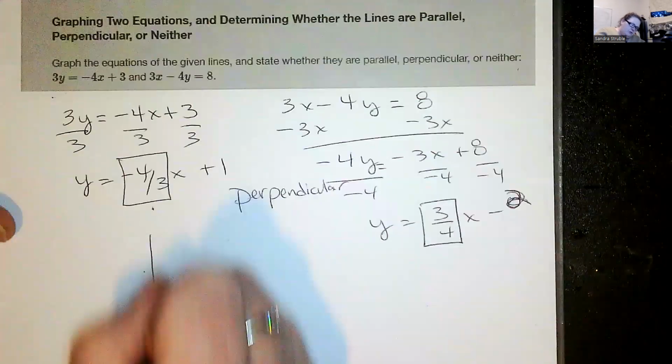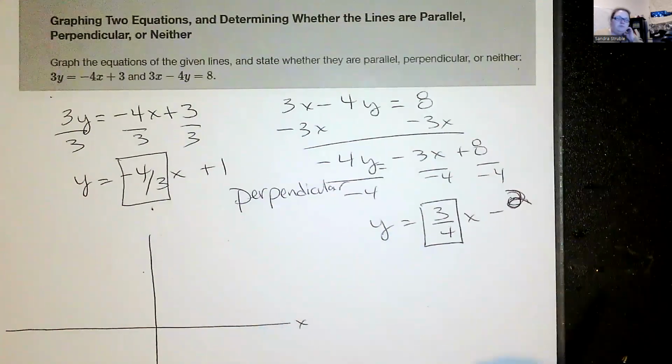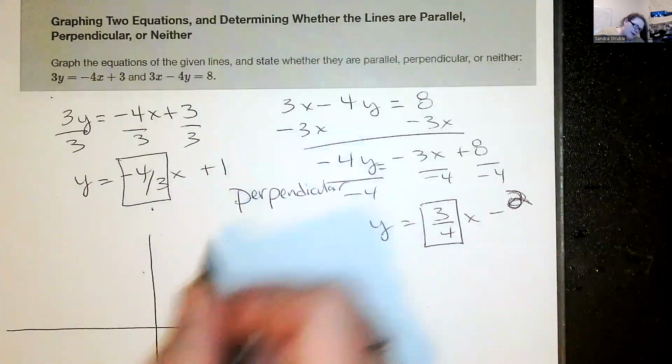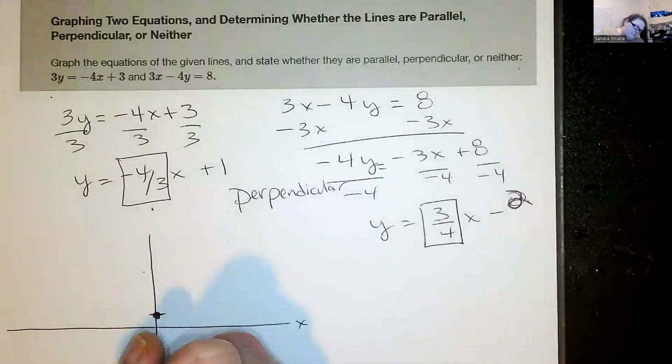All right, let's do a little quick graphing of them. I could do this on Desmos, but I think I can push these out pretty fast. So the way I like to do this is I just find my y-intercept, put a point, and then from there, I need to draw some little hash lines here.